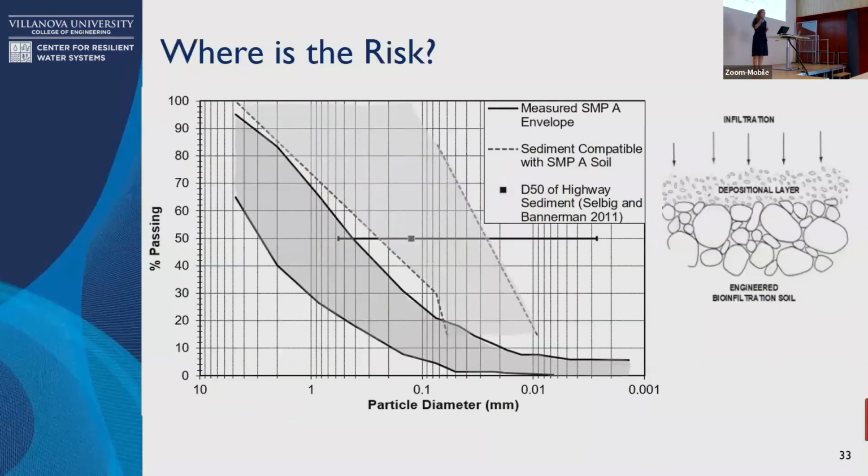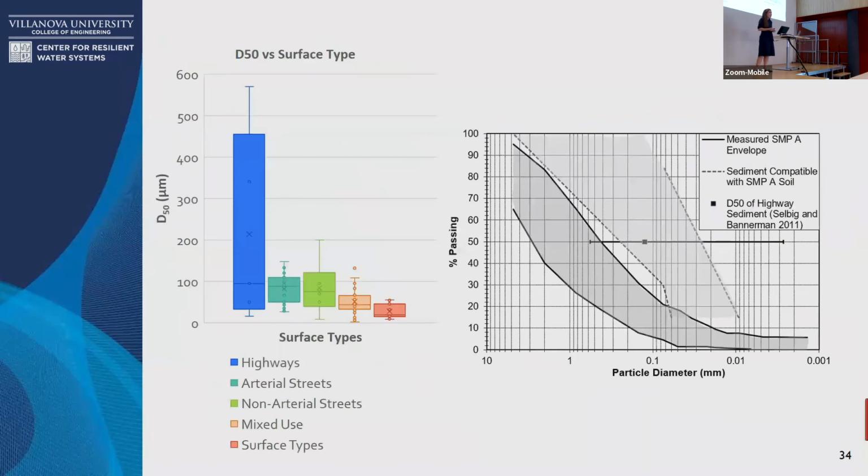And so we go back to this graph of SMPA, and just the soil for SMPA, we're using that as an example. And what if you broke it down by different types of drainage basins instead? So using all of the information that we have, we can say highway sediment looks about like this based on the D50. And arterial streets or mixed use or parking lots looks something a little bit finer.